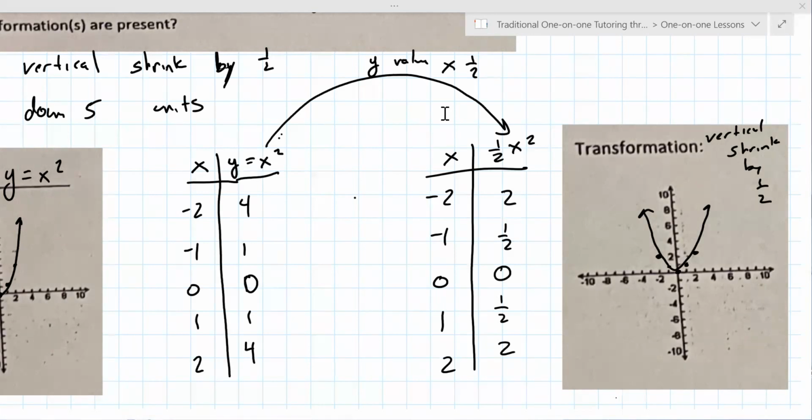Okay, so I would get down this table on the right and then this new graph, and then we got to do one more transformation.